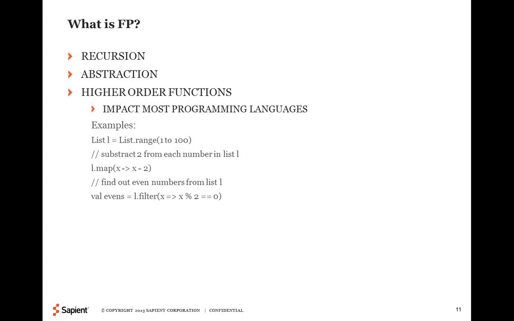Like anonymous classes are there, anonymous functions. I'm actually passing some logic over here. Otherwise, I have to create one more method, and then I have to pass it, refer to it, those kinds of things. So this is simple. These are simple examples, but for more complex examples, these functions also work. So these are 2 examples of higher order functions where functions can be passed as parameters to other functions.